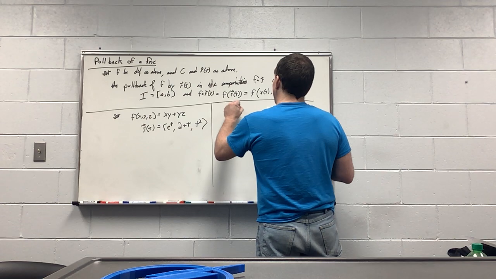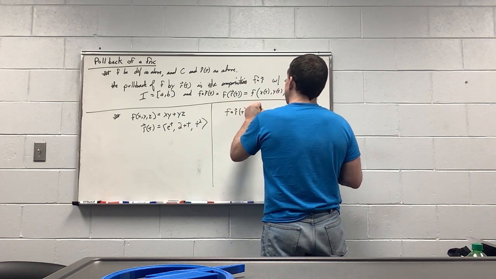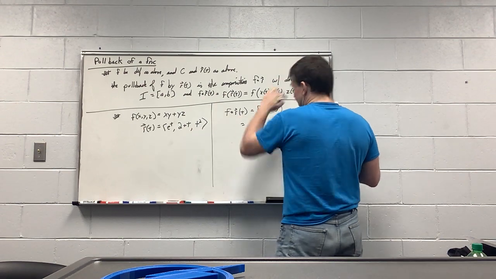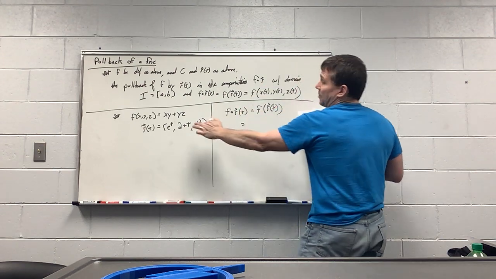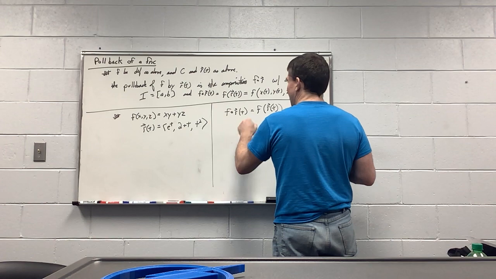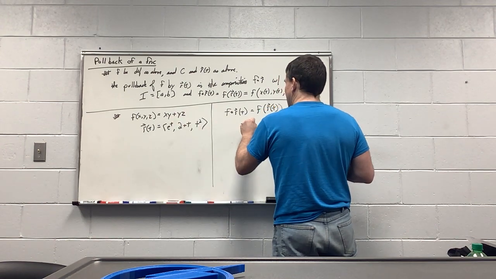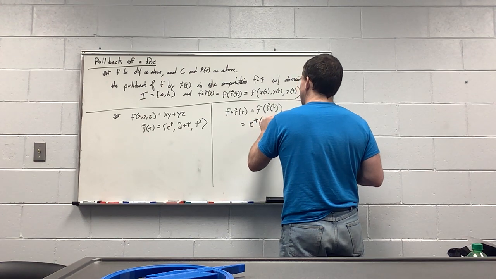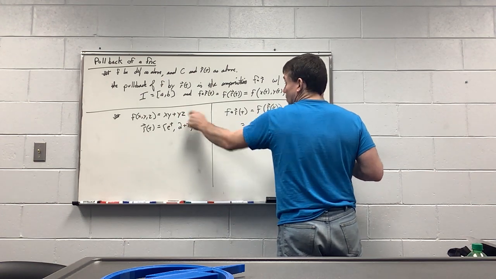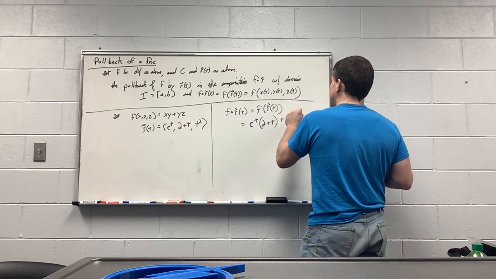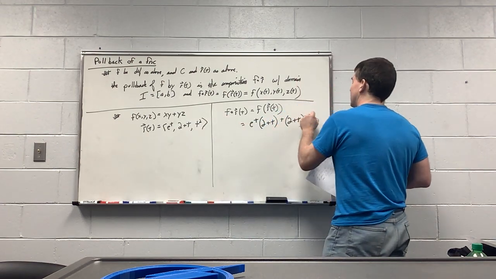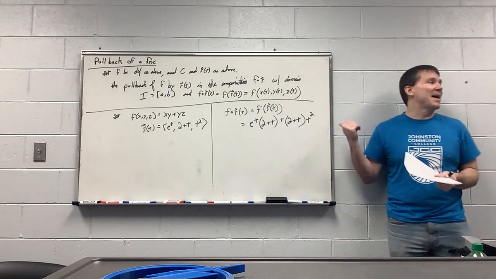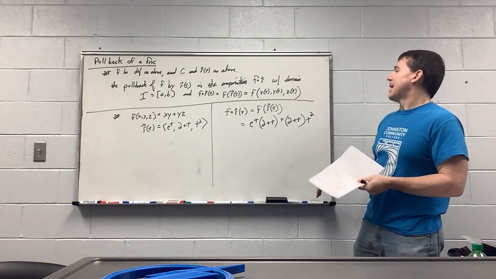If I want to find the pullback, f composed with R of t, that's just f of R of t, which by definition, I plug R of t in there, and I get xy, which will be e to the t times 2 plus t, plus y, which is 2 plus t, times z, which is t squared. And I can certainly simplify that, but for the purposes of this, I'm not going to.